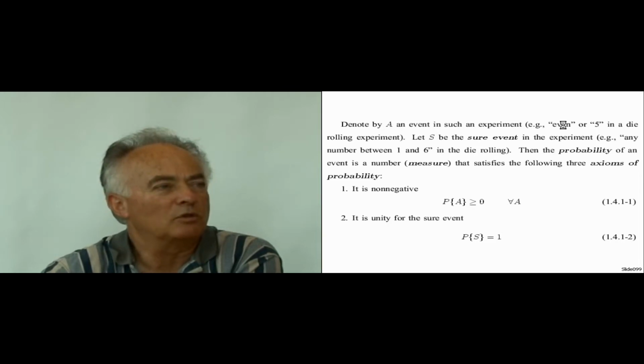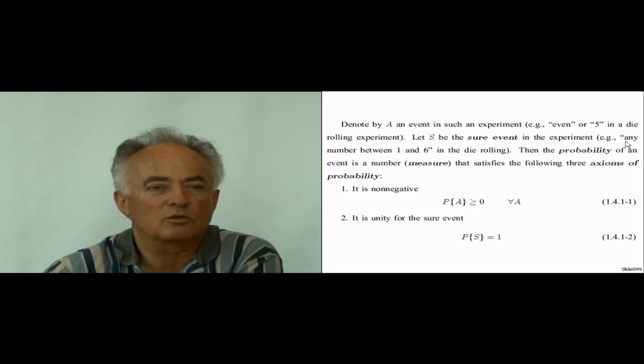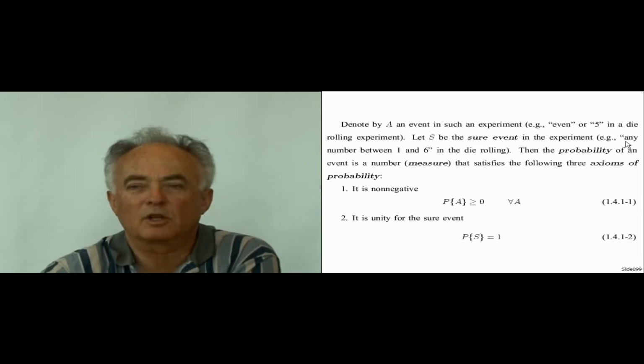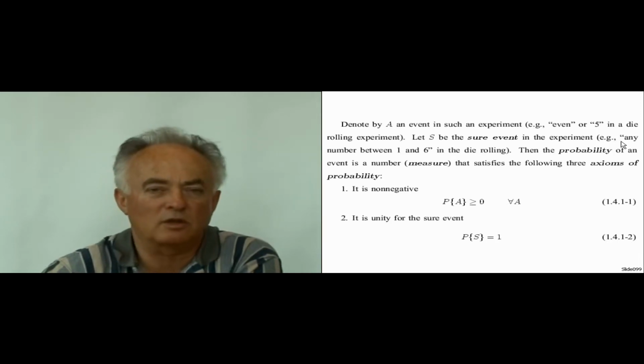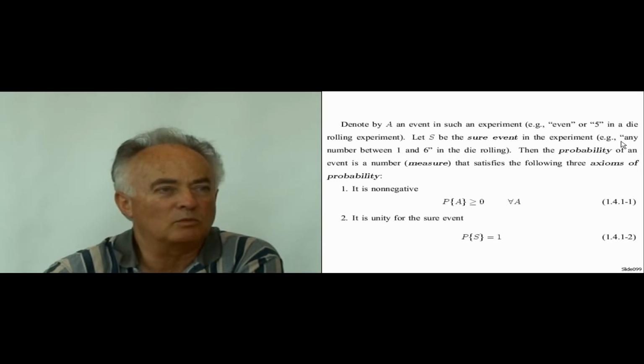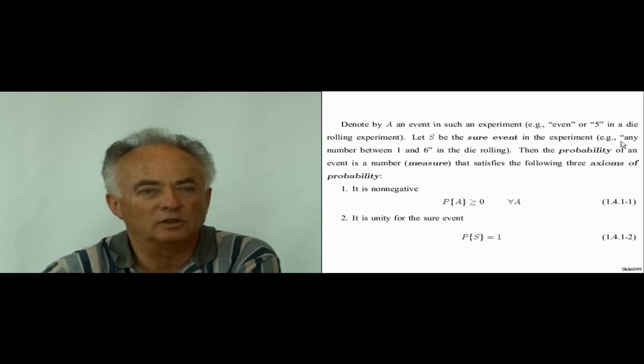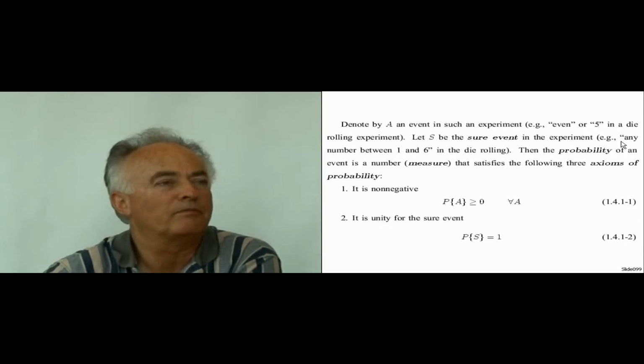It's important now to introduce the so-called sure event, S, in the experiment, which in the die rolling would be any number between 1 and 6. It's called sure event because whatever the outcome is, it will be one of the elements of the set. Therefore, the event S would occur at every run of the experiment.